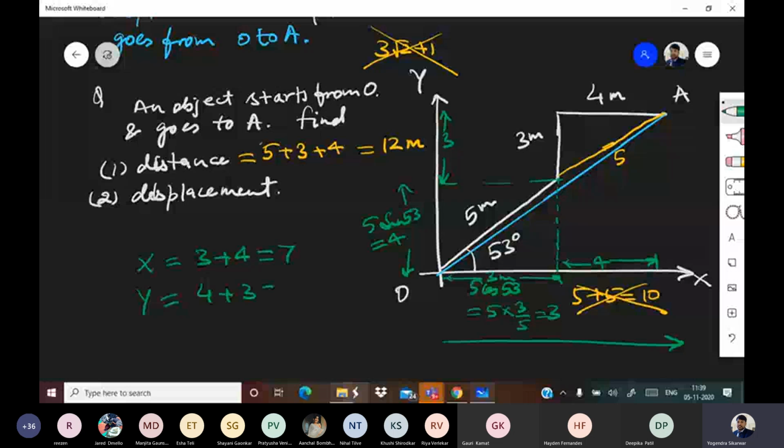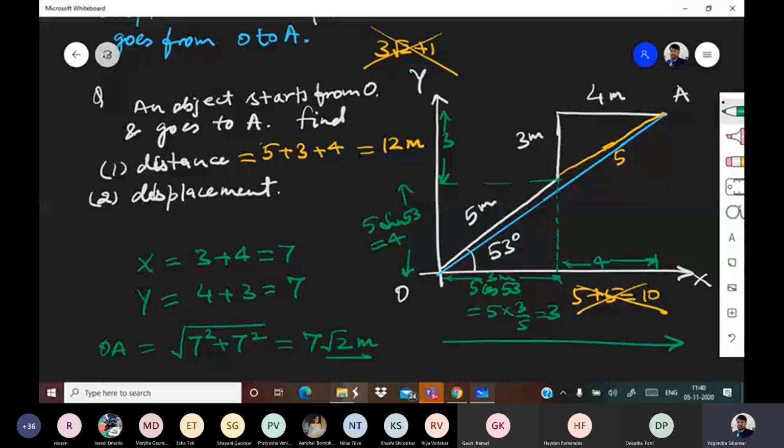So while you are reaching at A, how much you are traveling along x-axis? 7. While you are reaching at A, how much you are traveling along y-axis? 7. So how much will be your displacement OA? So OA will be under the root of 7 square plus 7 square. Okay. And that was 7 root 2 meters.